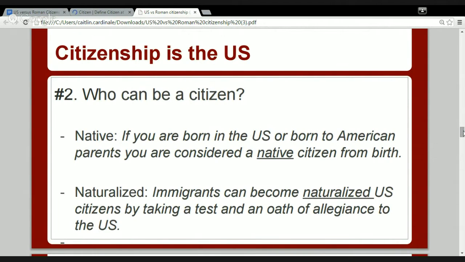On the other hand, if you emigrated to the United States, you can take a test and an oath of allegiance to the United States and its laws, and become what's called a naturalized citizen. Again, whether you're native or naturalized, you have the same rights and responsibilities in the United States.